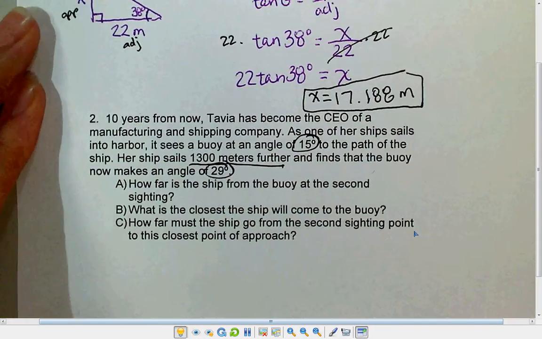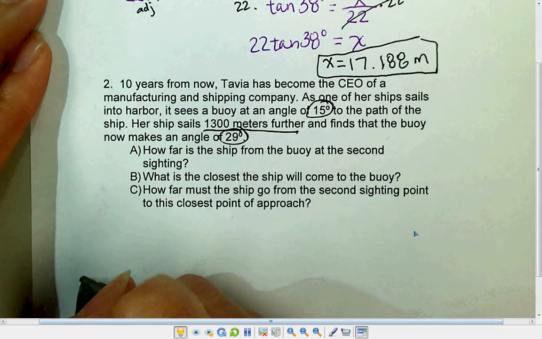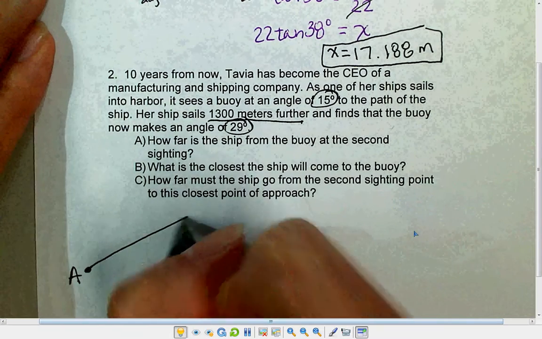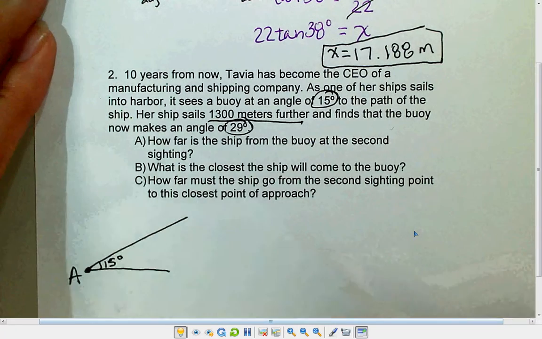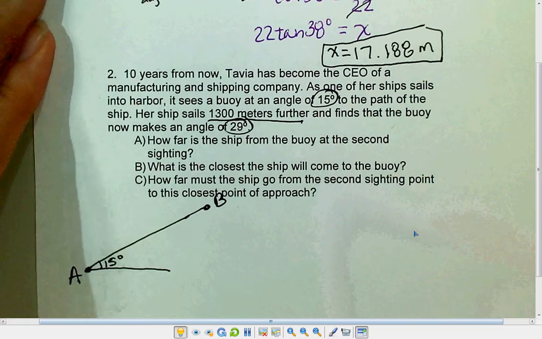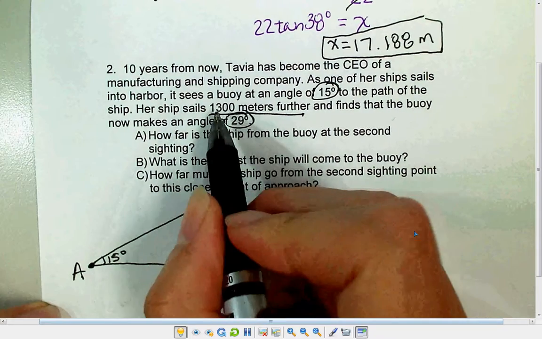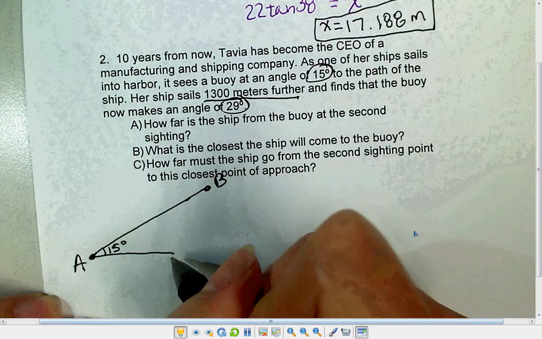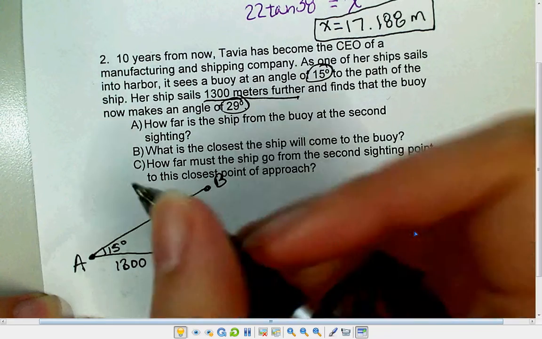So let's start off by drawing a picture of this. So if this is her ship down here, we're going to call this A. At the very beginning, it's making an angle of 15 degrees to the buoy. So let's call this buoy B. And then after sailing 1,300 meters farther, which means it's continuing to sail, and it sails, let's say, here is 1,300 meters farther.